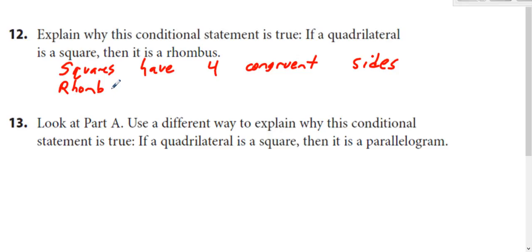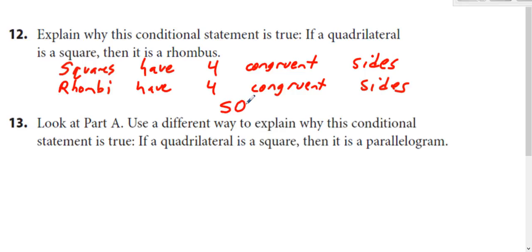Rhombi have four congruent sides. So a square is a rhombus.